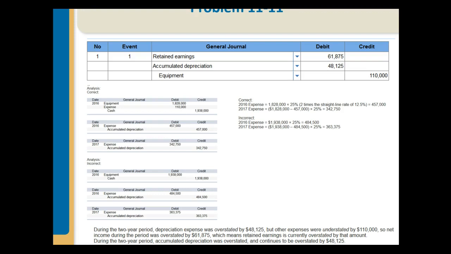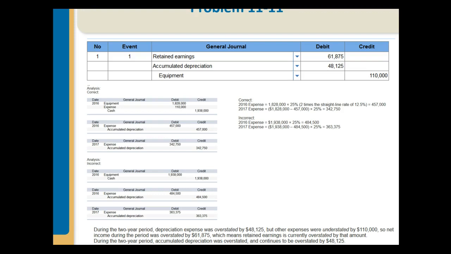So as you see here with our analysis, we show the equipment new balance should be the $1,828,000. The maintenance for 1 year should have been an expense of $110,000.